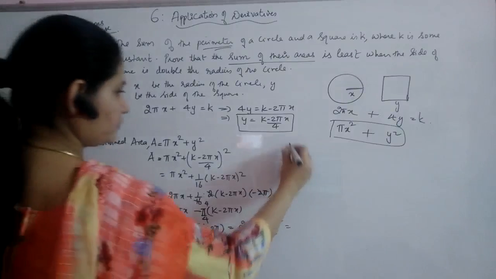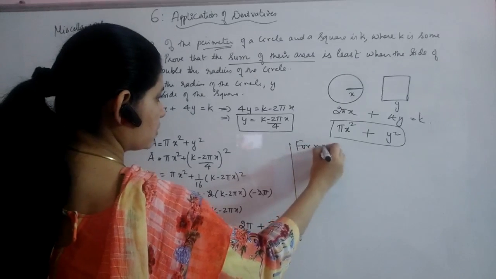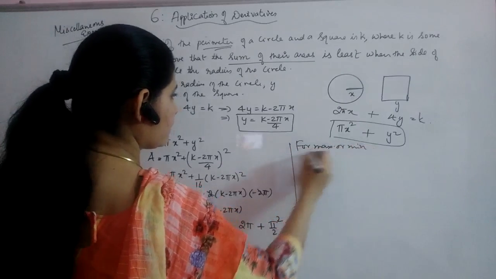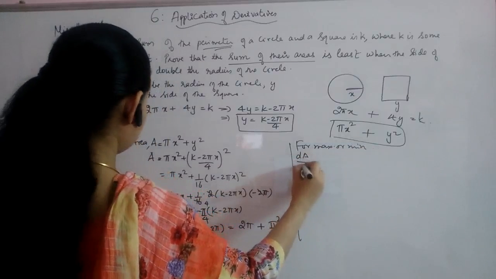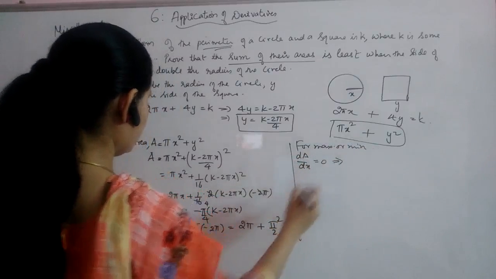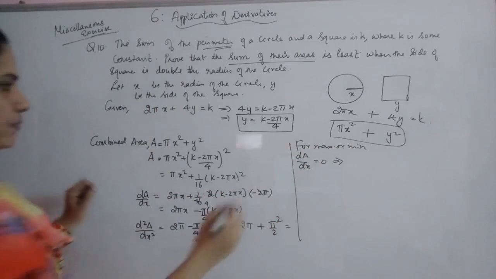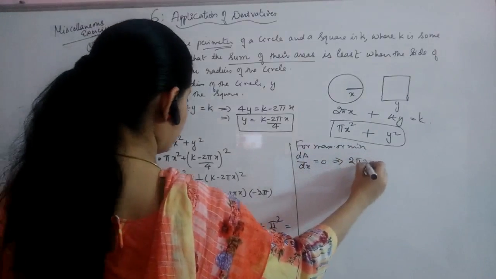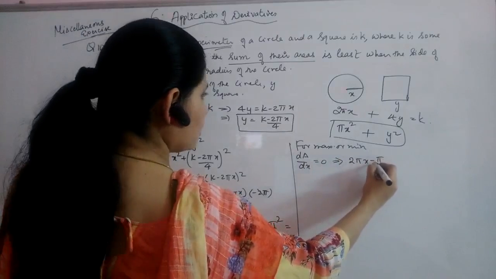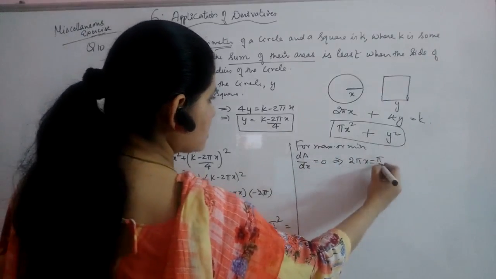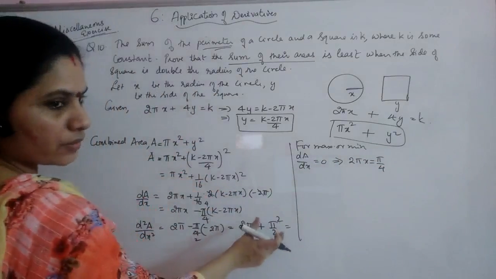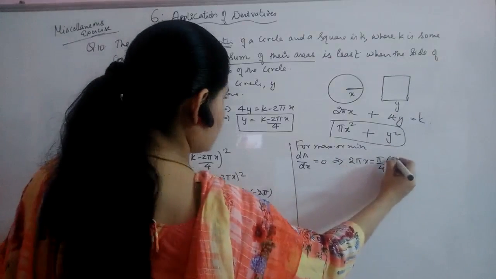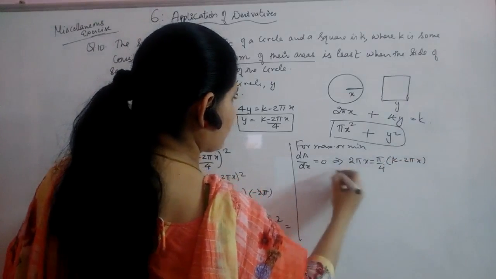Now for maxima or minima, dA by dx is equal to 0 will give you this one is equal to 0. That is 2 pi x minus pi by 4 will give you the other side as, this will go to the other part equating to 0 into k minus 2 pi x.